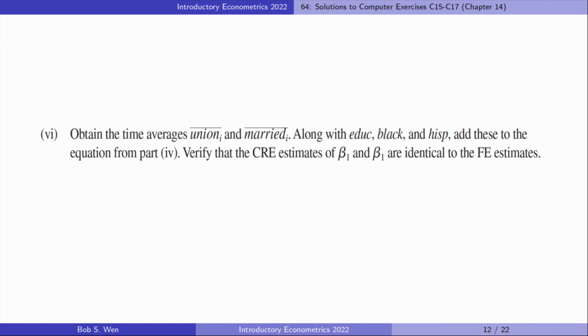In Part 6, we obtain the time averages for union and married variables. Along with education, black and Hispanics, add this to the equation from Part 4. Verify that the correlated random effects estimates of beta 1 and beta 2 are identical to the fixed effects estimates.